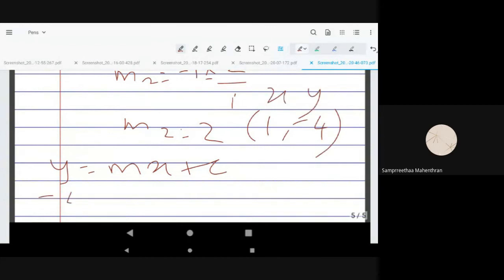So -4 equals m is 2, x is 1, plus c. So we can find our c: -4 minus 2, which is equal to -6. So our equation will be y equals 2x minus 6.